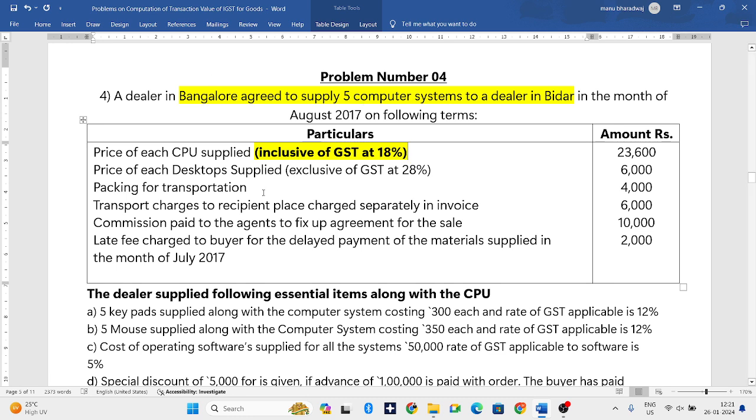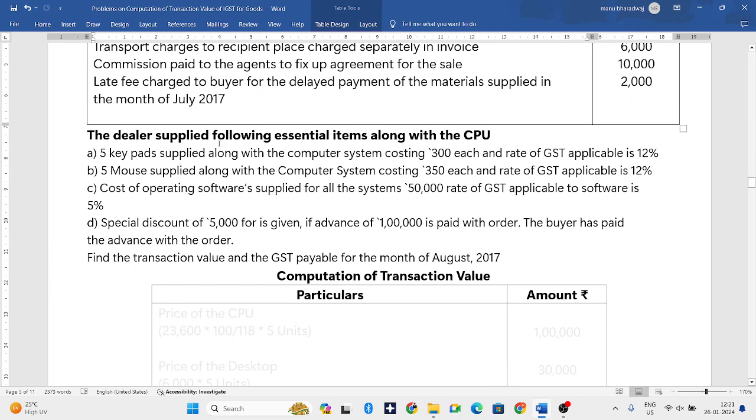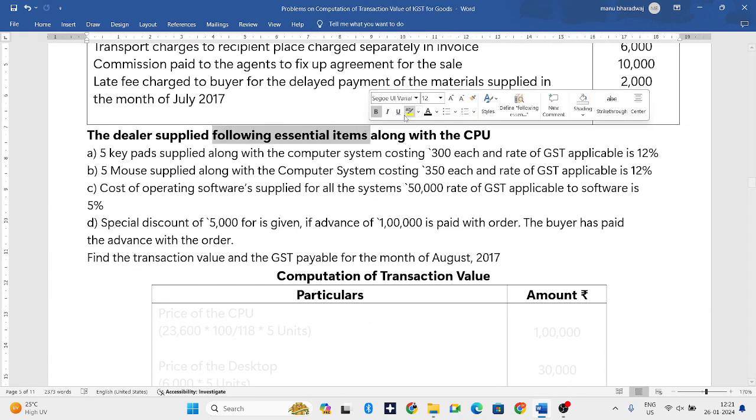Packing for transportation they have given. Transportation charges to the recipient's place they have given. Commission paid they have given. Late fee charged they have given. With all this information they have given some additional information: the following essential items, without which the CPU or the system cannot run.